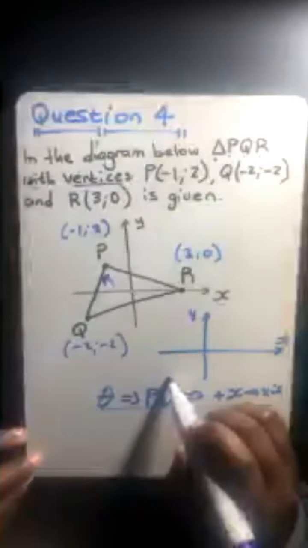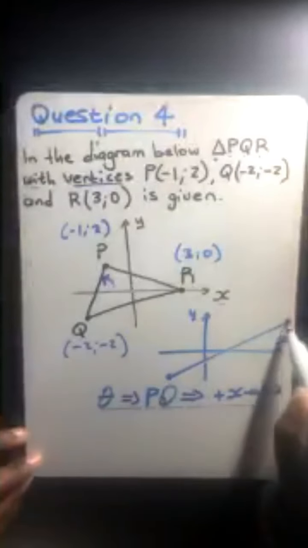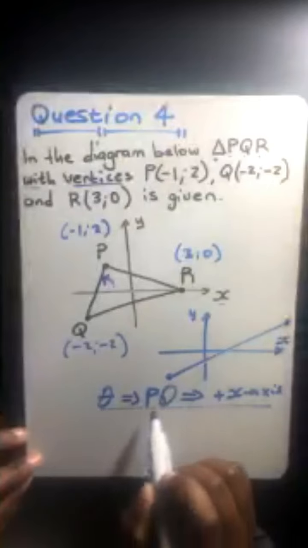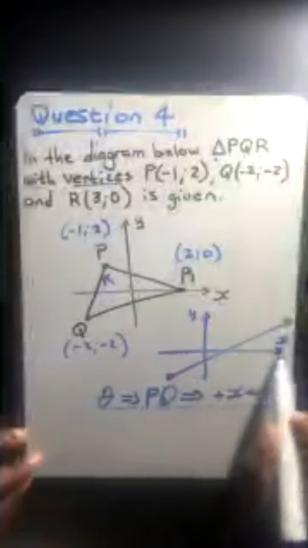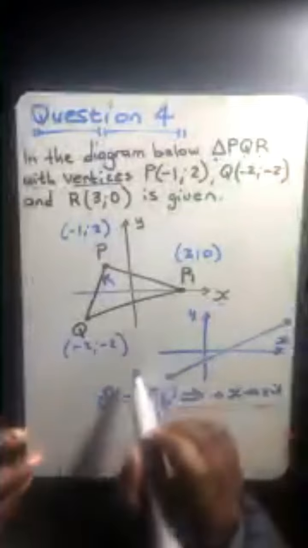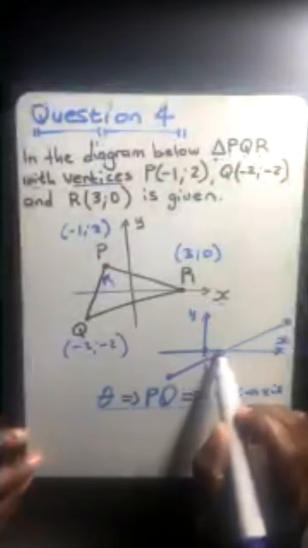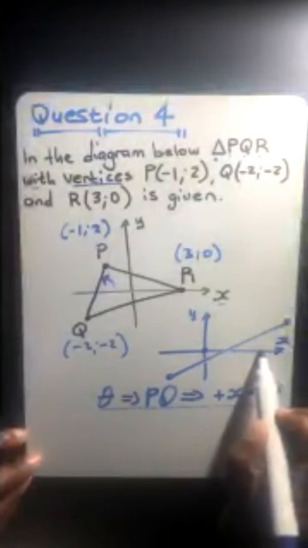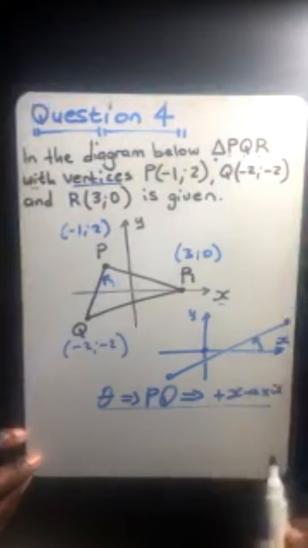The moment you've got a line like that, and they say between point 1 and point 2, calculate the angle that it forms with the positive x-axis, the positive x-axis is this one, ladies and gentlemen. We know the positive axis goes from there in that direction. Then you take the angle from that line in an anti-clockwise direction.